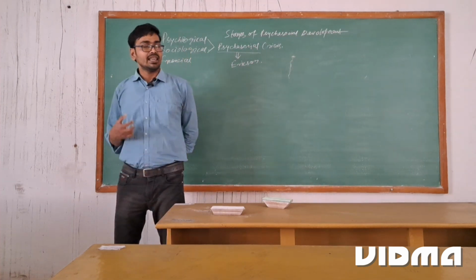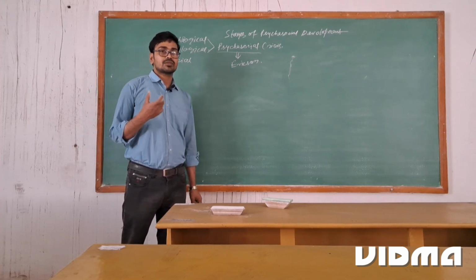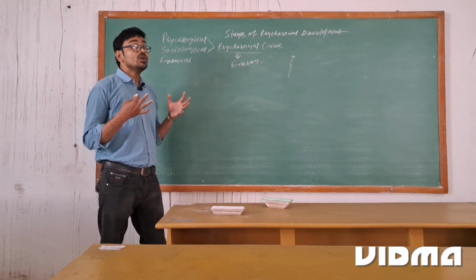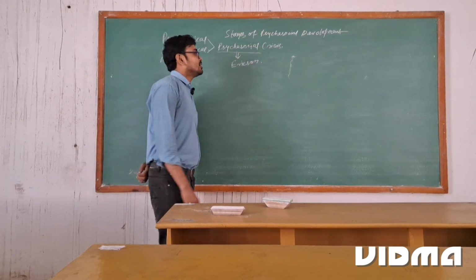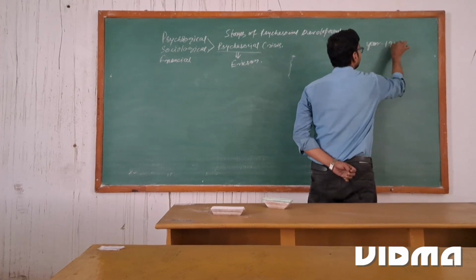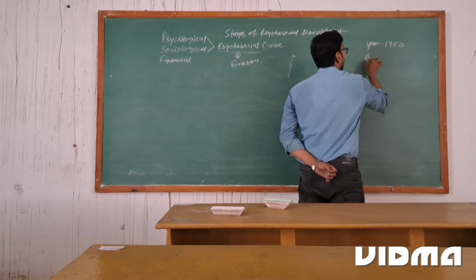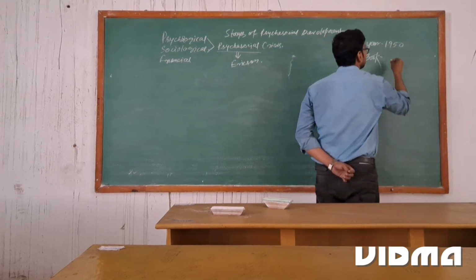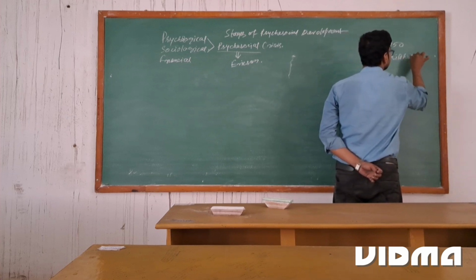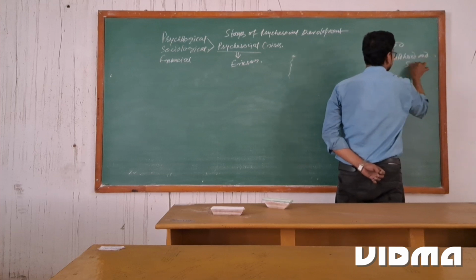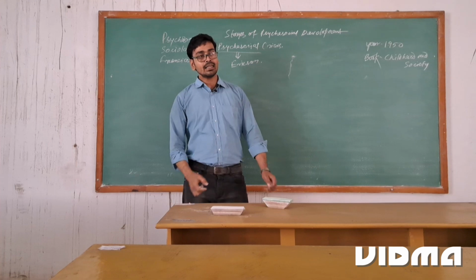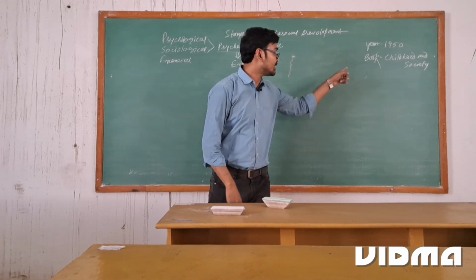Erikson published his 8 stages of psychosocial development theory in the year 1950, in the book Childhood and Society, and specifically in a particular chapter of that book.